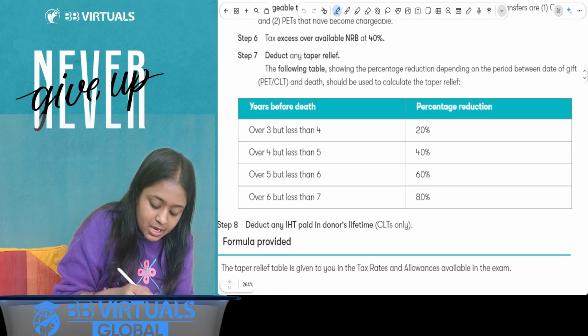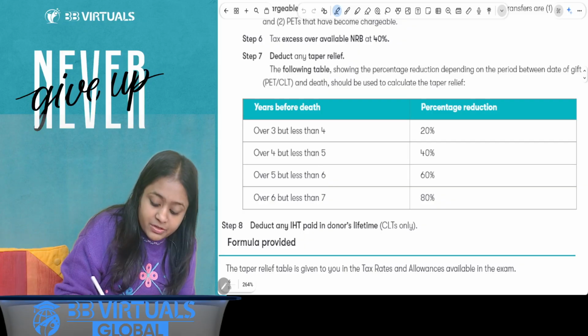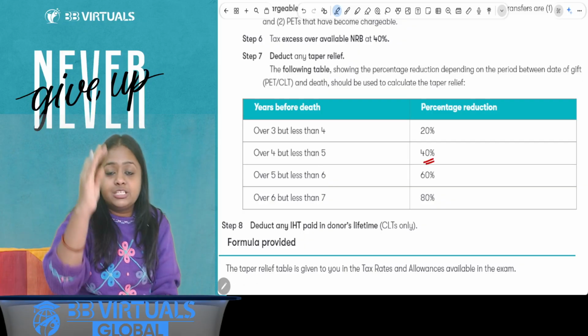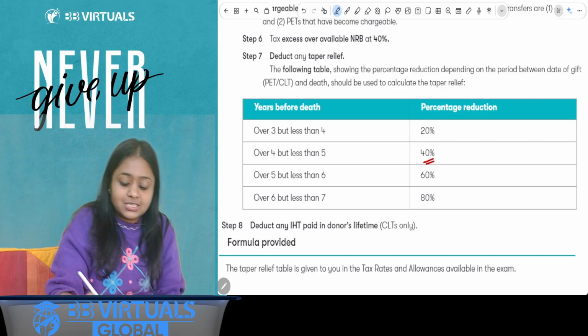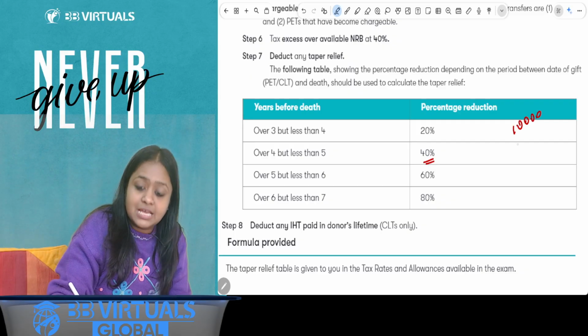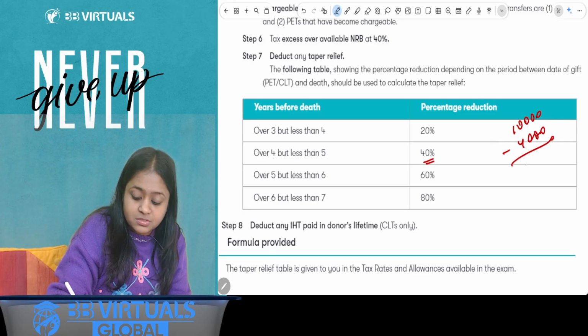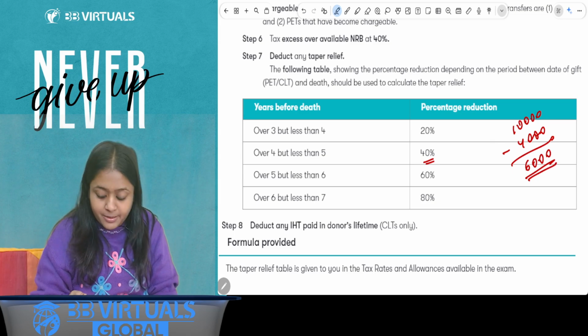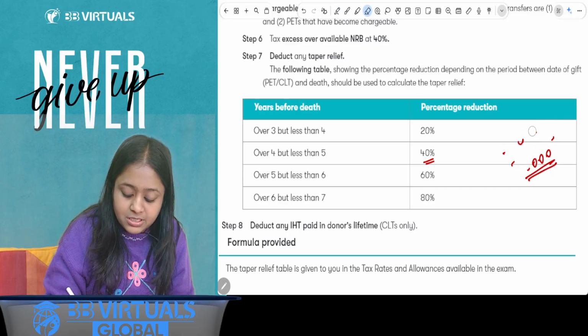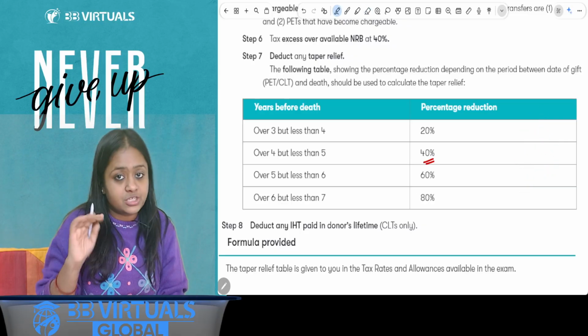So if the period is between 4 to 5 years, 40% of IHT will be reduced. So if the IHT that you calculated is, for example, just 10,000, you will reduce 40% of it, that means 4,000. So you will have net payable IHT of only 6,000. Clear? So taper relief is the reduction in the IHT which is payable to HMRC.